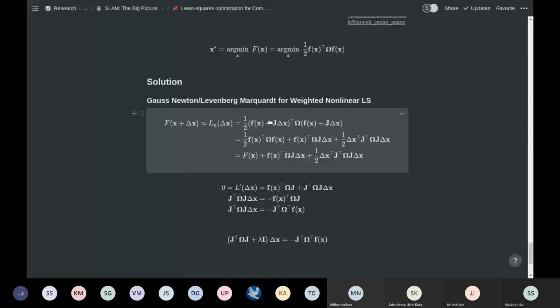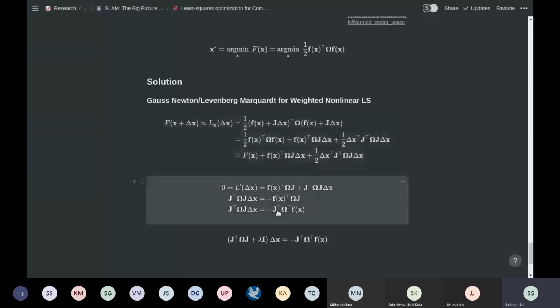Expand it out, and then take the derivative with respect to delta x, and you end up with an additional sigma here. You can put pen on paper again and see for yourself why we end up with J transpose omega J delta x minus J transpose omega transpose f of x.